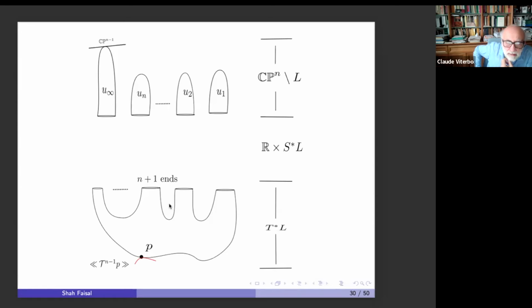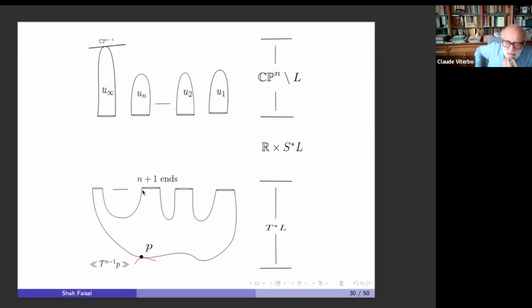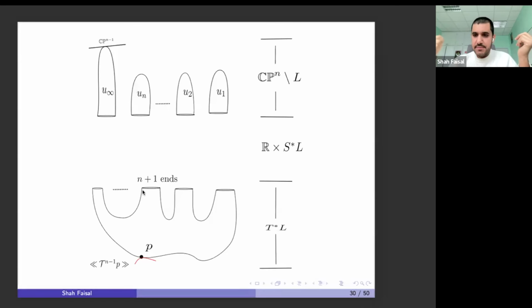If I choose that length to be the area of the holomorphic sphere I stretched, then the Reeb orbits have action strictly less than that number. And so the index of these geodesics would be between 0 and n minus 1. And so the positivity of the Fredholm index forces these ends to be at least n plus 1. So there could be more than n plus 1, but at least n plus 1 should be there.